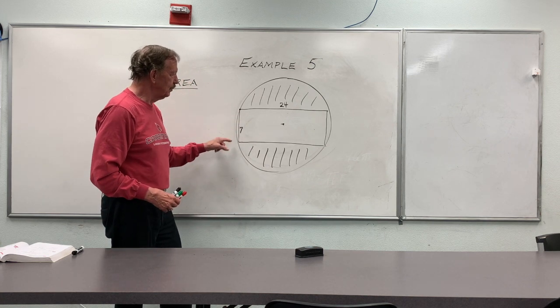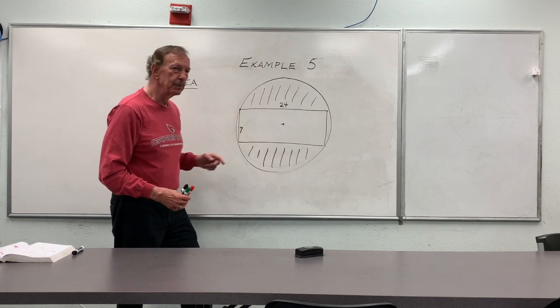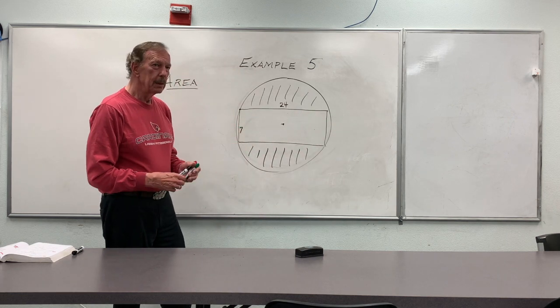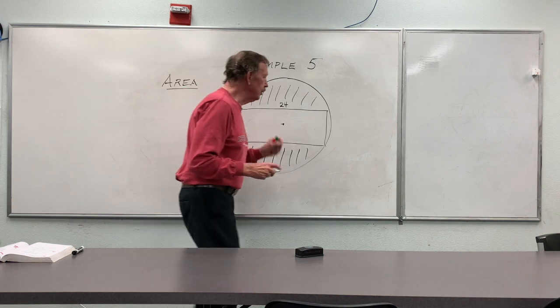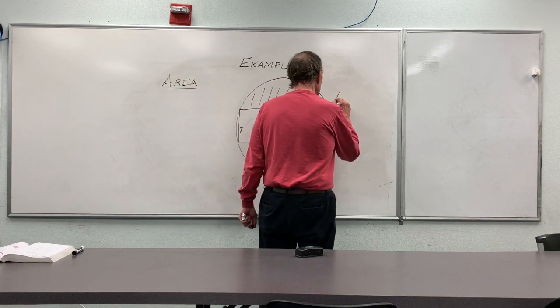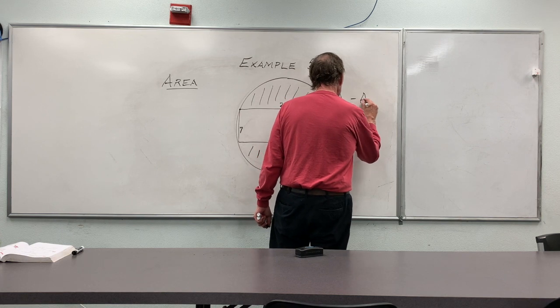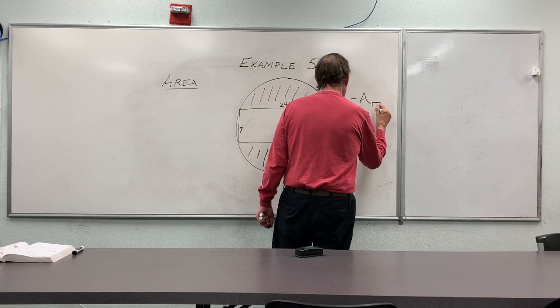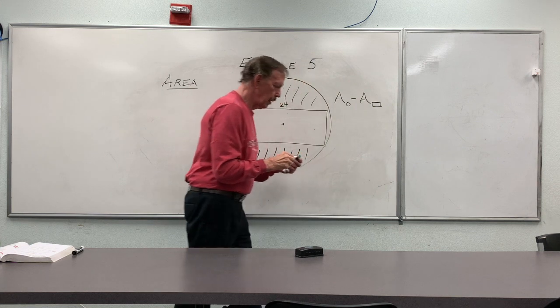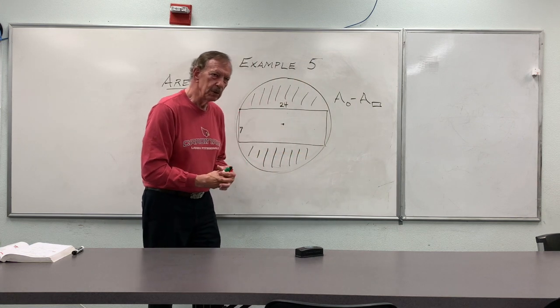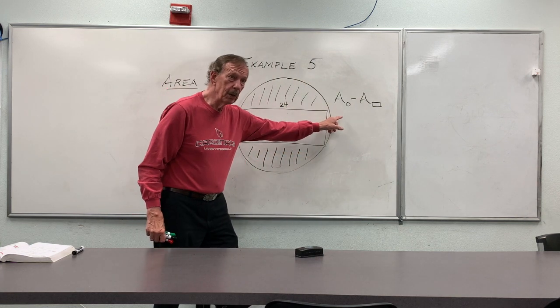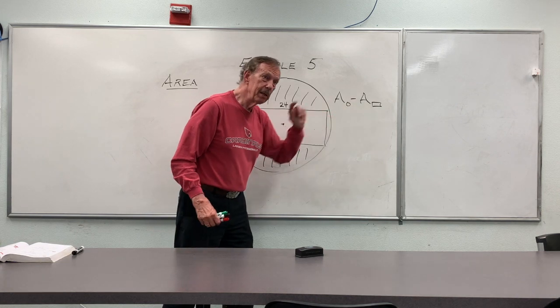It has a height of 7 and a length of 24. So right off, we know the shaded area is going to be given to us by the area of the circle minus the area of the rectangle.